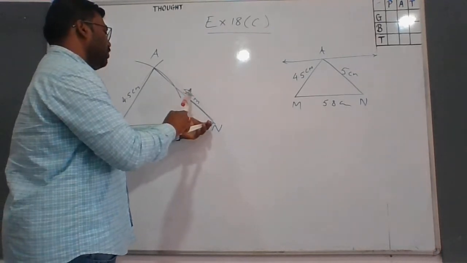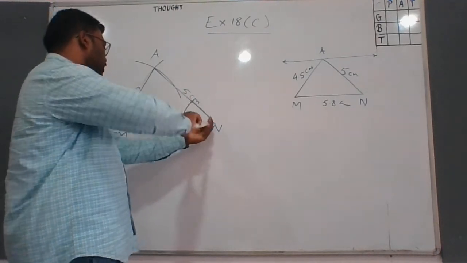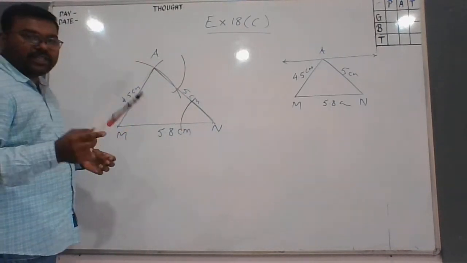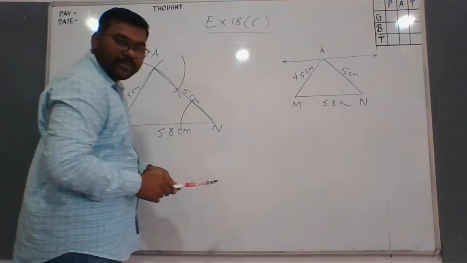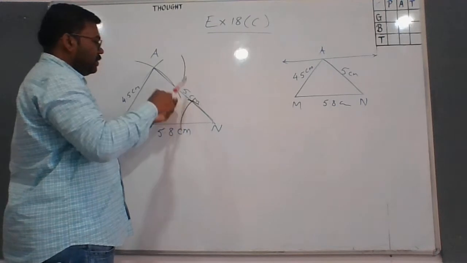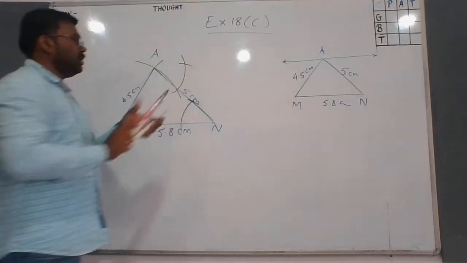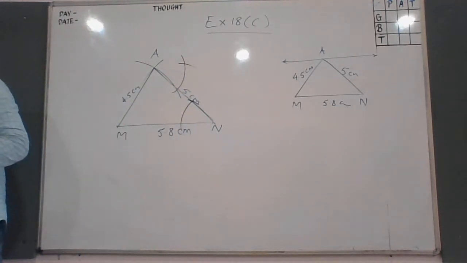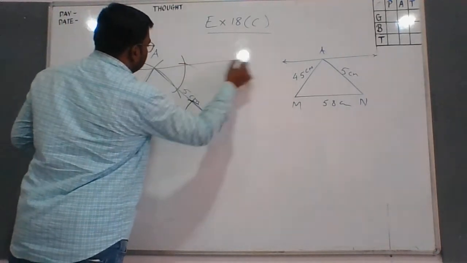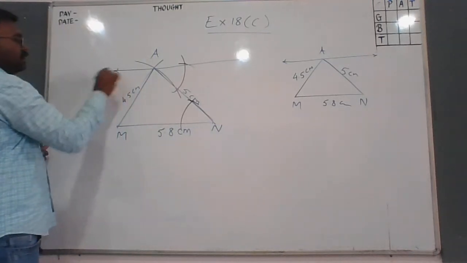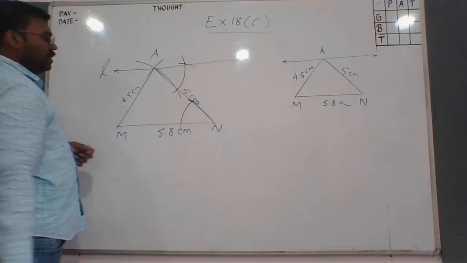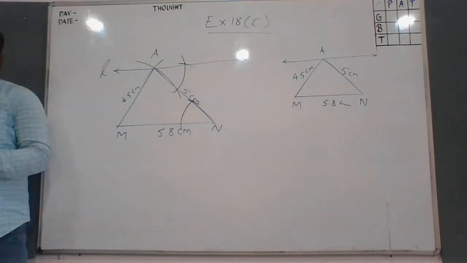We are selecting the point N. Draw the arc from A with the same radius. Draw the arc with any radius. Then measure this angle and with the same cut the arc here. Then these 2 points are in a straight line. Join this. Here we get the line L which is parallel to the MN. Okay.